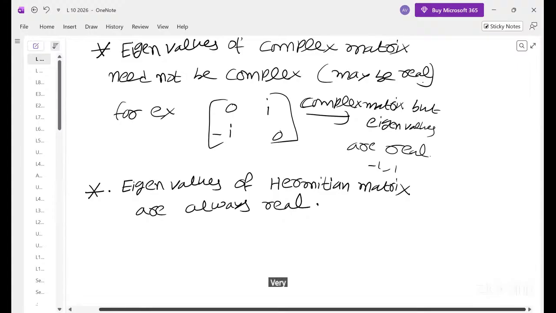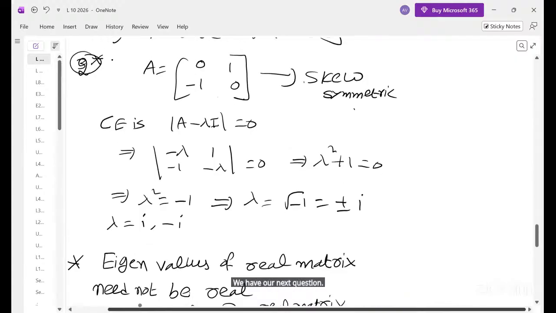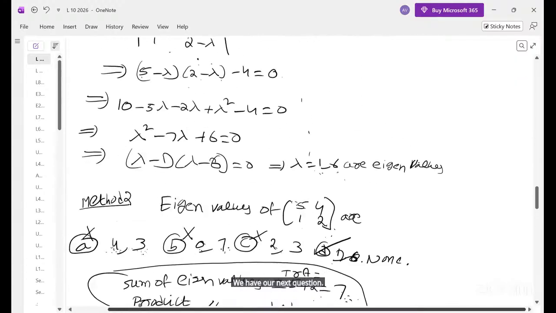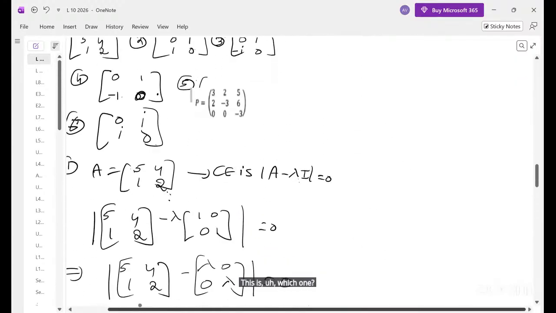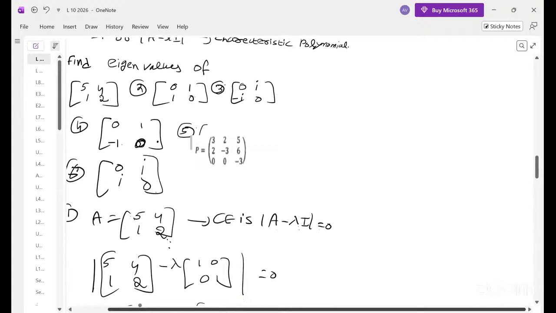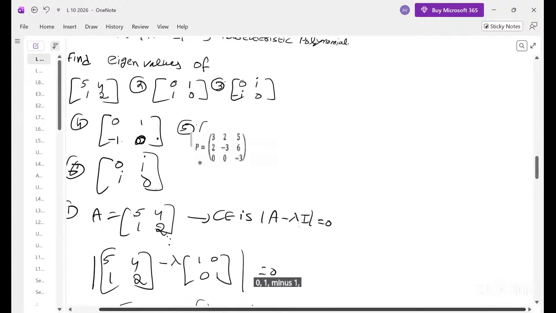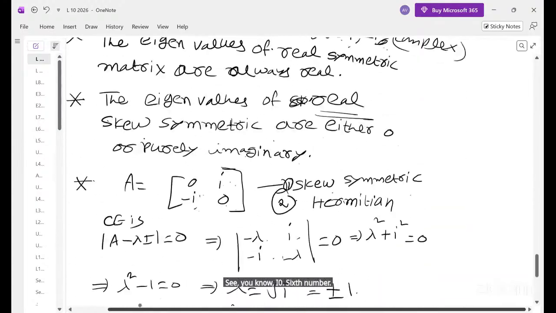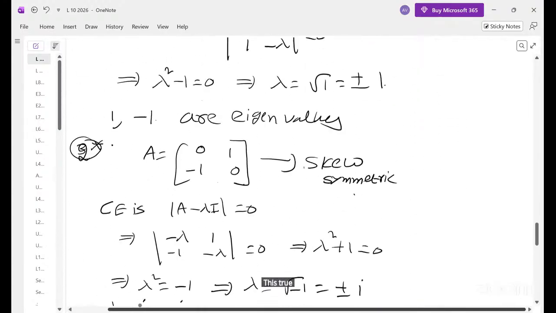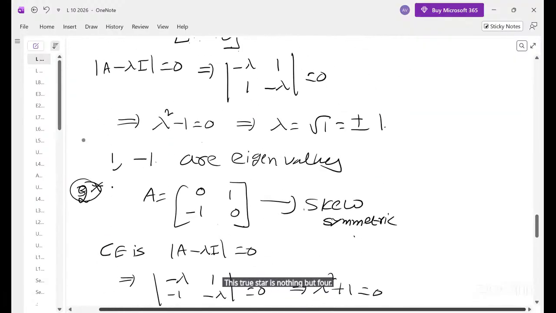Very important. Next one. We have the next question. Which one is this? 0, 1, minus 1, 0, already we have done. 0, i, i, 0. Sixth one. This 2 star is nothing but 4. This question is already given. This is nothing but question number 4.